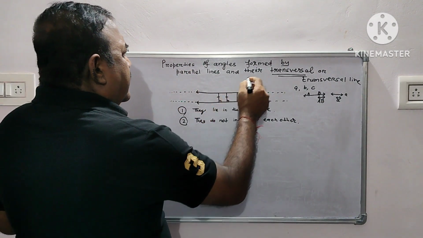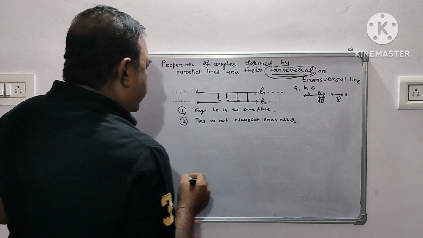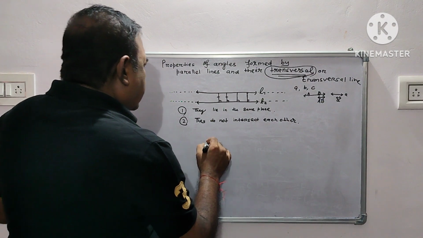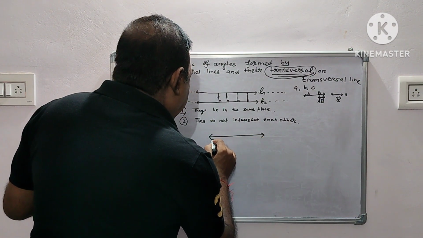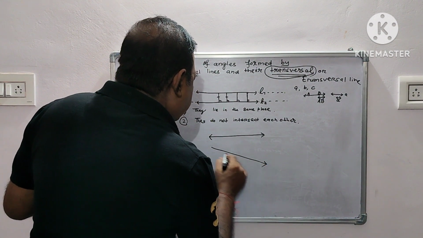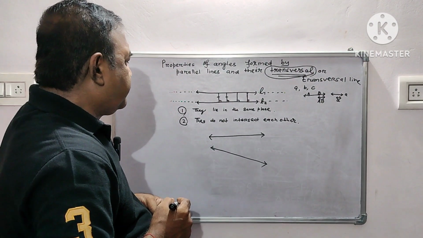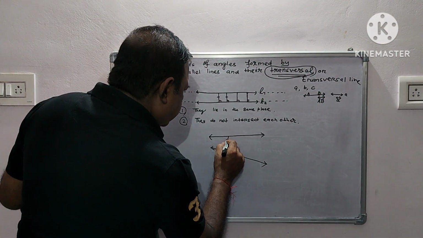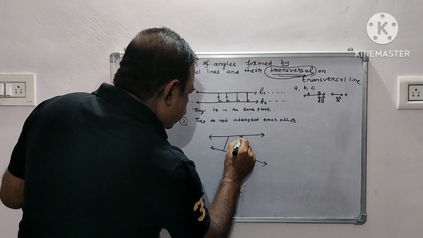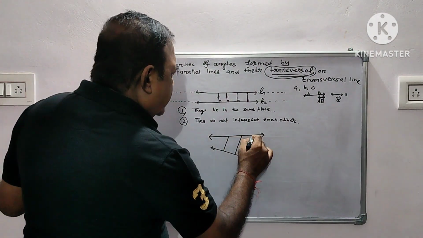And you see, what is the transversal? What is the literal meaning? Suppose I represent two non-parallel lines. You see, the distance increases or not?